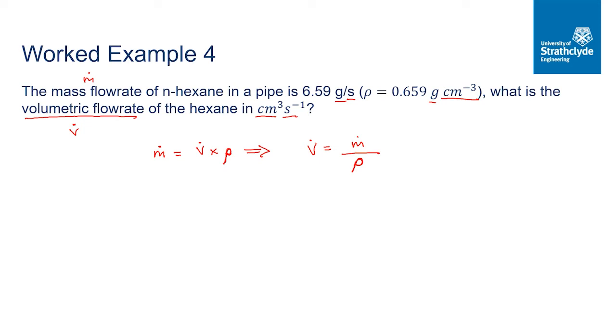Now, plugging in our values of 6.59 grams per second divided by our density, which is 0.659 grams per centimeters cubed, our grams will cancel out, and we obtain 10 centimeters cubed per second.